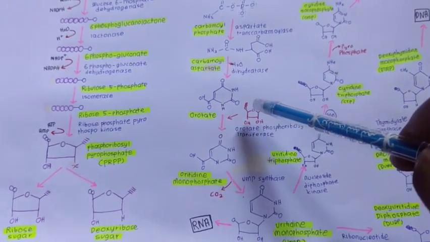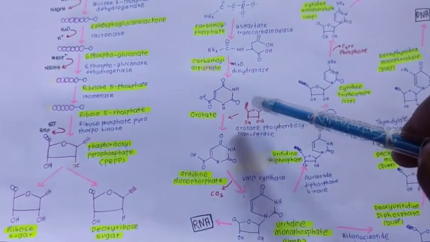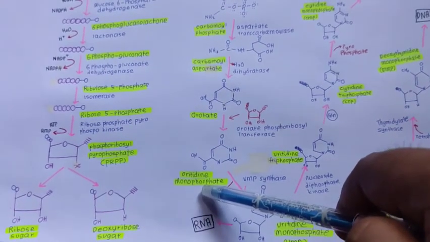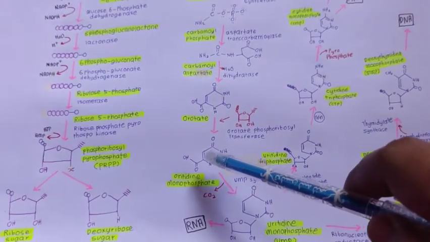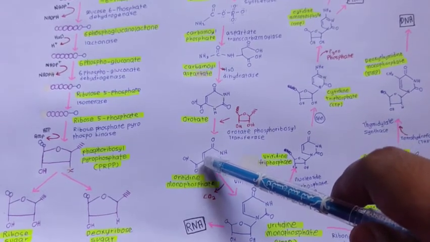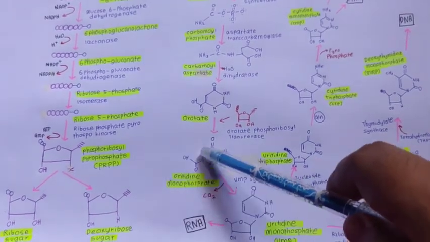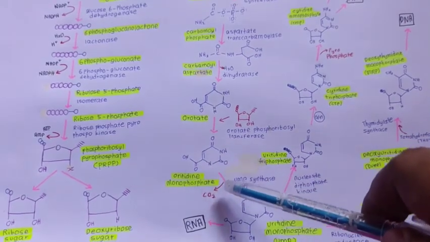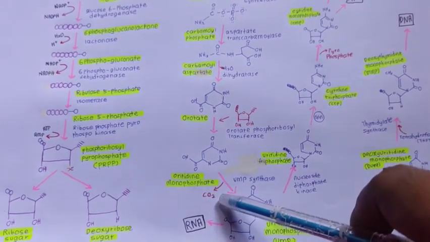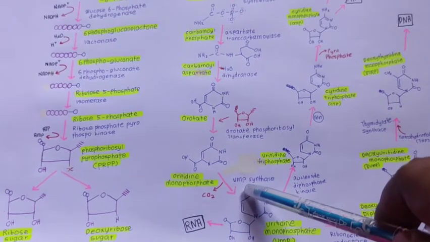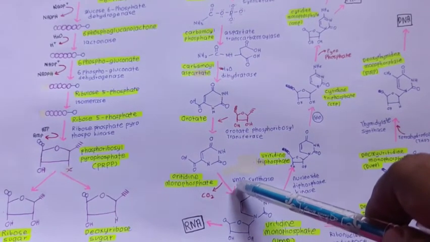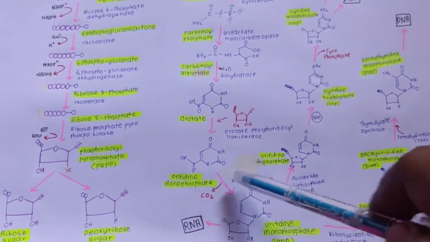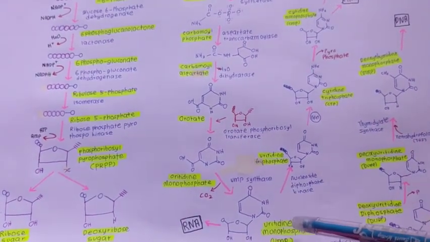Then, orotate was added with PRPP and converted into orotidine monophosphate. Here, we need to chop off this carboxyl group, so we release it in the form of CO2 using UMP synthase. This enzyme decarboxylates orotidine monophosphate and converts it into uridine monophosphate.